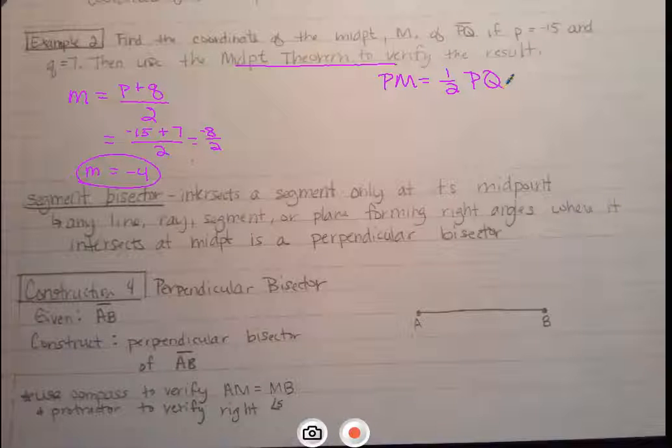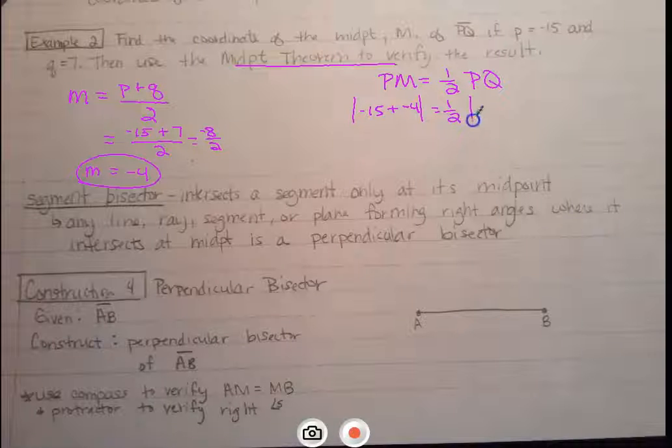And so PM would be -15 plus -4 divided by... so -15 plus, what'd you say? -4? Equals -2.